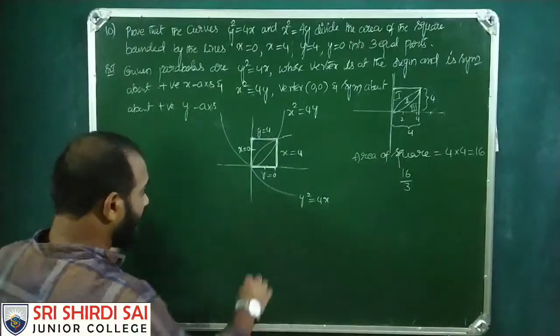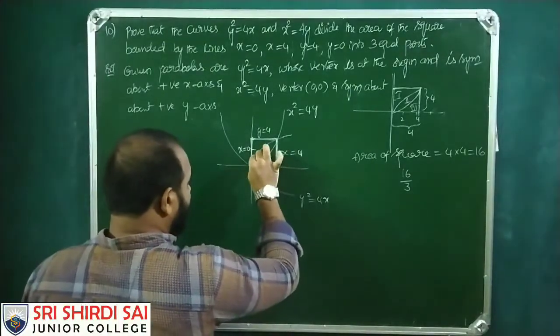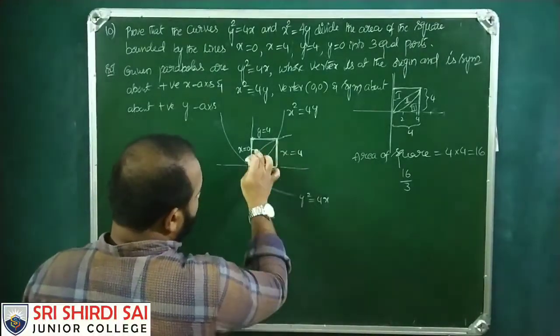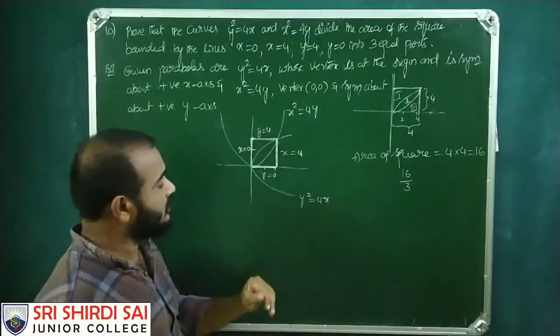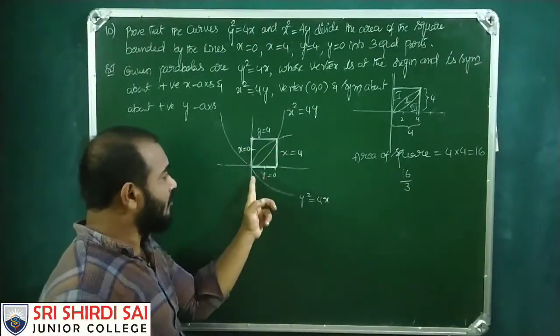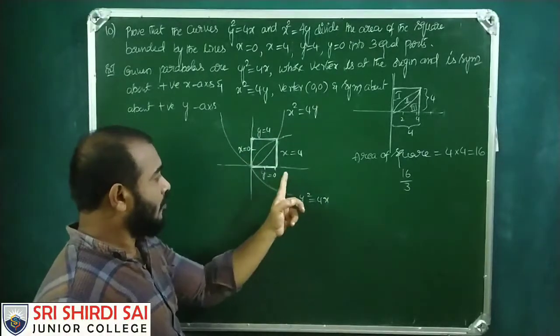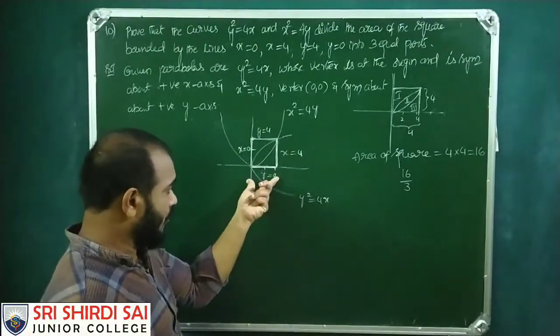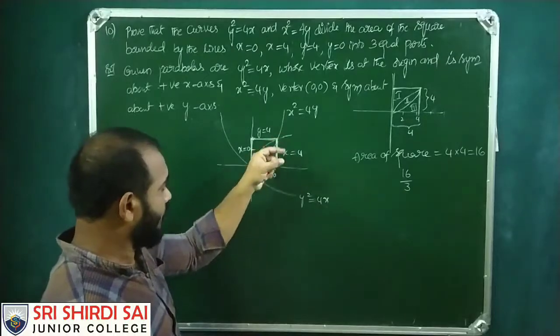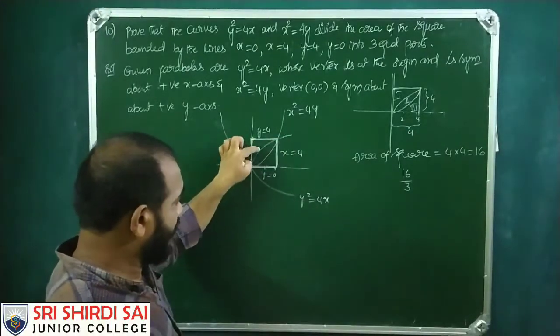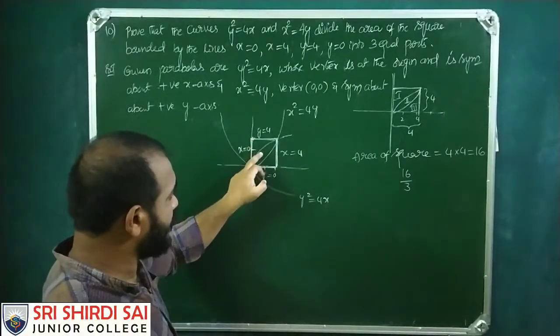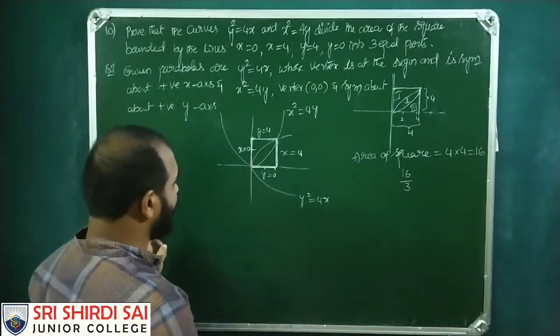Now, here there are totally 1, 2, 3 parts. It is divided into 3 parts. So since this is the area of the square, this is 4 and this is 4. So 4 into 4, 16. Since it is divided into 3 equal parts, each should be 16 by 3, 16 by 3, 16 by 3.